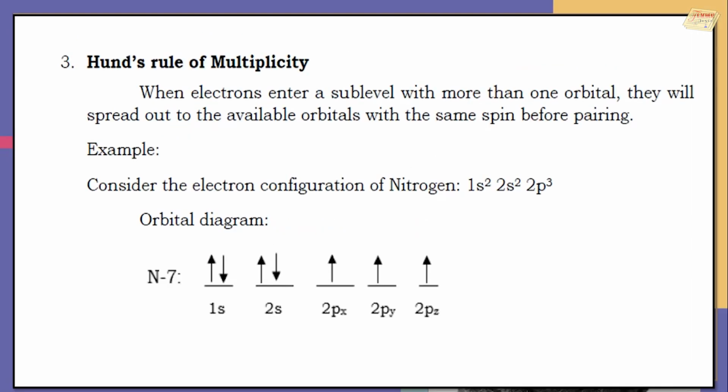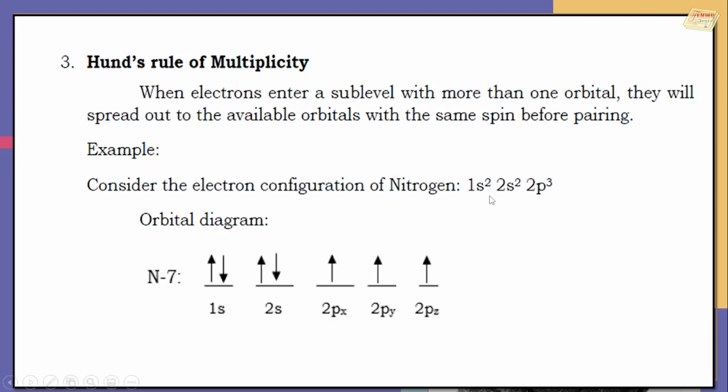Next, Hund's rule of multiplicity. When electrons enter a sublevel with more than one orbital, they will spread out to the available orbitals with the same spin before pairing. Example, the electron configuration of nitrogen. Nitrogen has atomic number 7, or 7 total electrons.